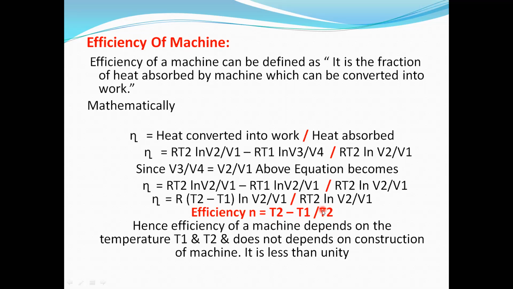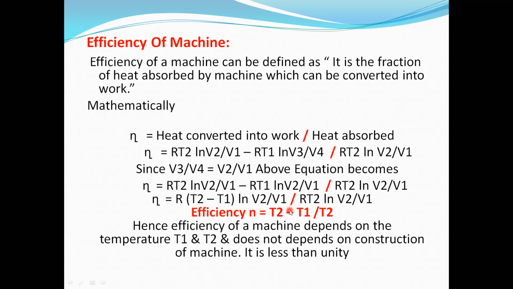जो टेम्परेचर हाइयर है वो हम पहले रखेंगे, that can be taken as T2, और जो टेम्परेचर लोअर है that can be taken as T1. So T2 minus T1 divided by T2. This is the efficiency, denoted by eta. Eta is equal to T2 minus T1 divided by T2.